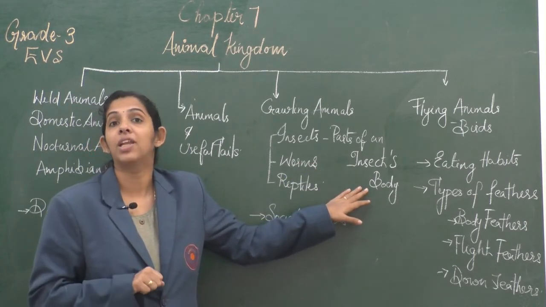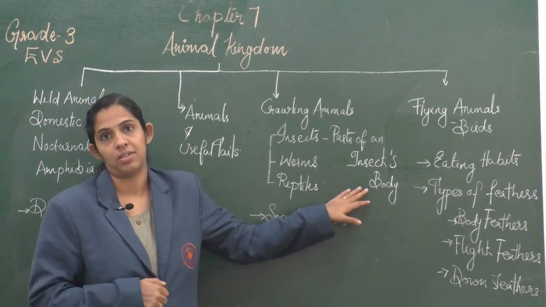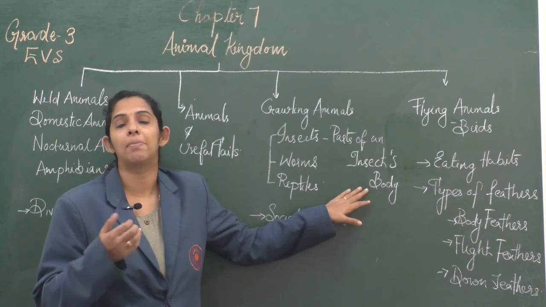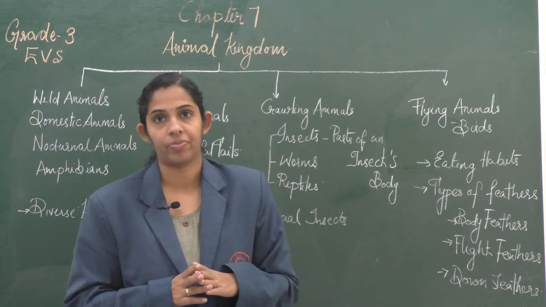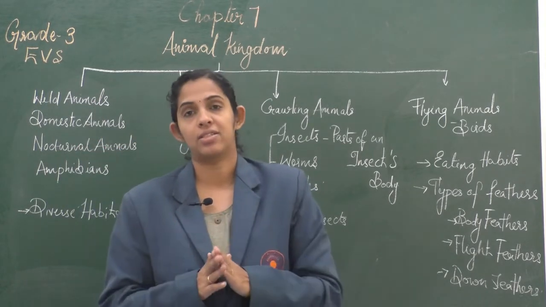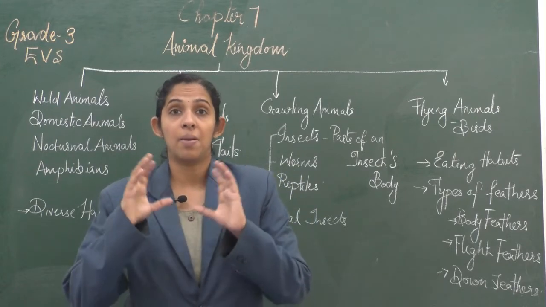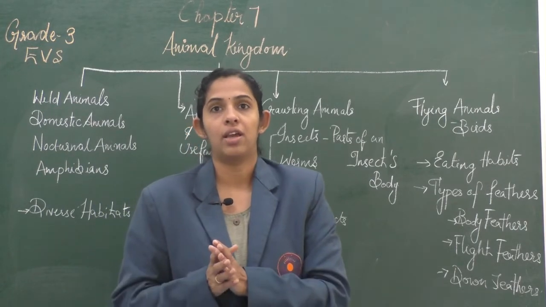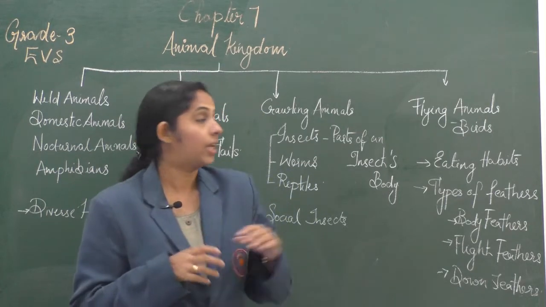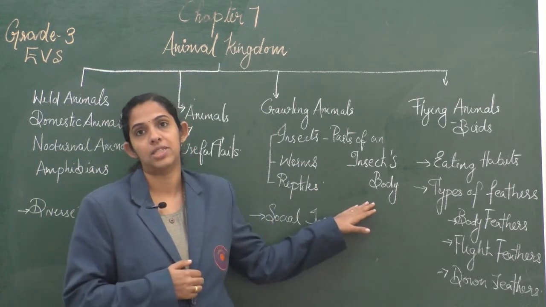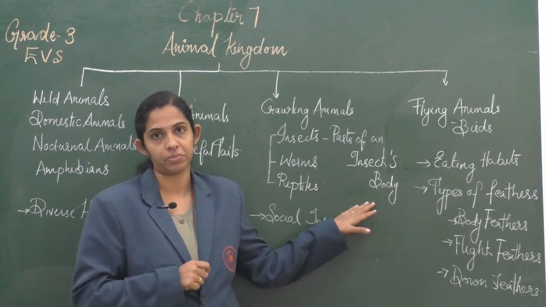An insect's body mainly consists of three parts: head, thorax and abdomen. Head is the topmost part of an insect body. Then comes the thorax. Thorax is a part of the insect's body where its legs or wings are found, and the lowermost part of insect body is called abdomen.